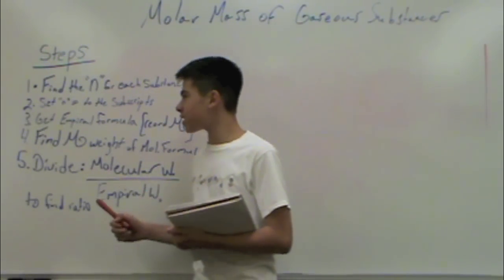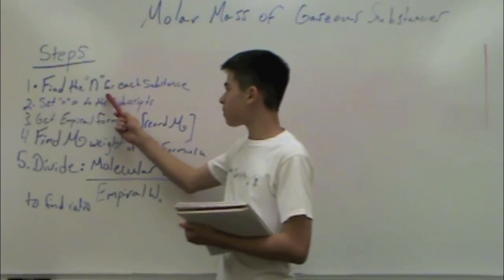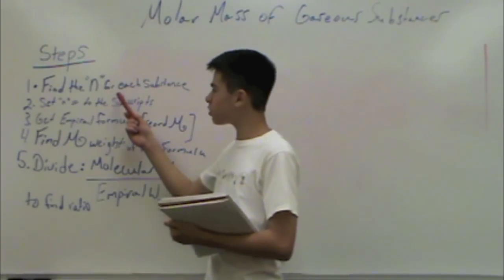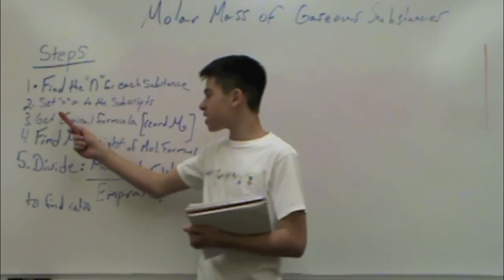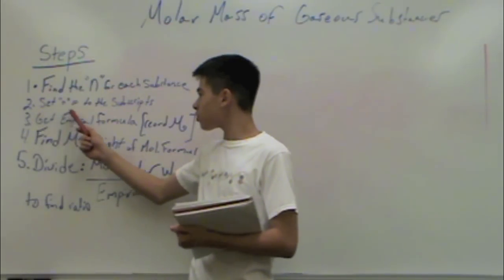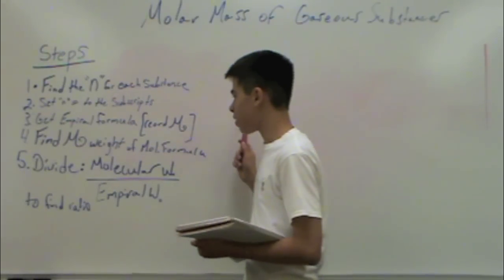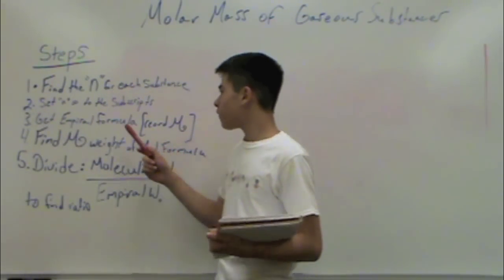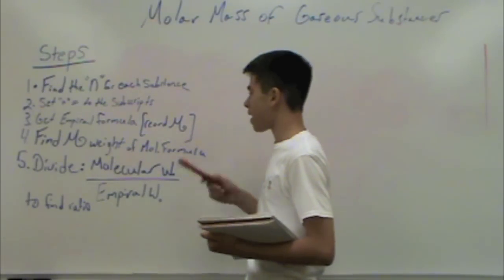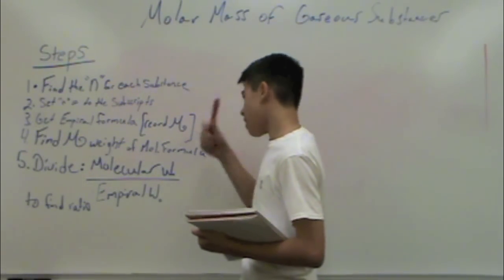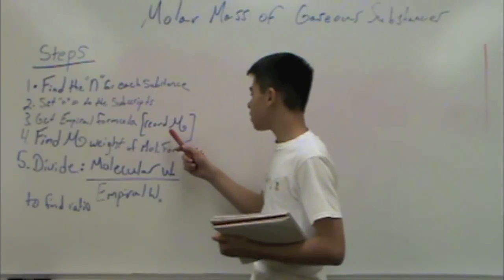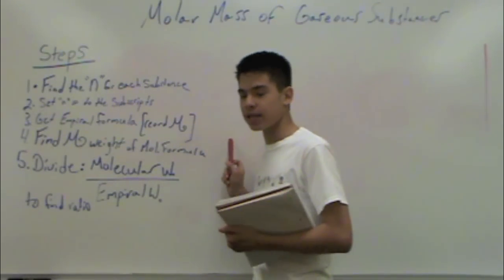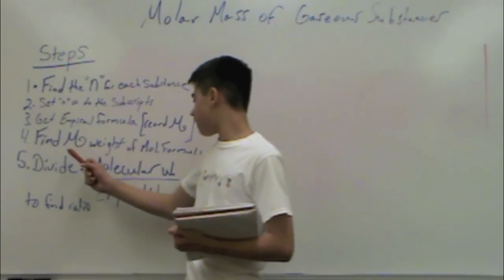The first step in finding the empirical formula is to find the number of moles of silicon and the number of moles of fluorine. Then we're going to set those numbers of moles equal to the subscripts for each one. Then we're going to get the empirical formula for the compound, and I'll show you how to do that when we get to it. And we're going to record the molar mass of the compound because we're going to need it later.